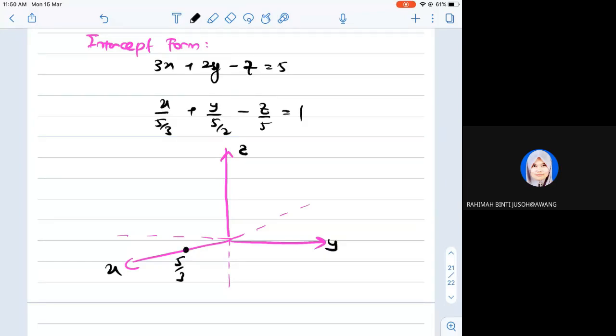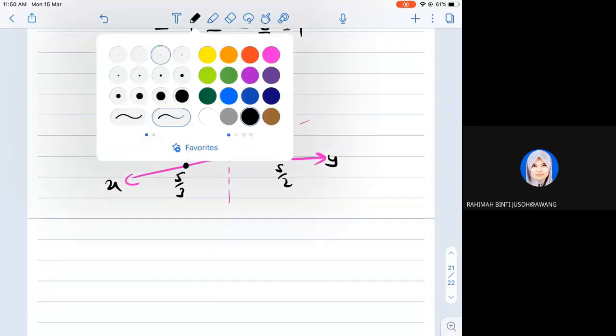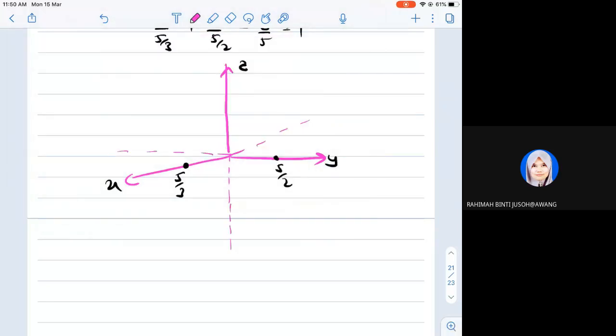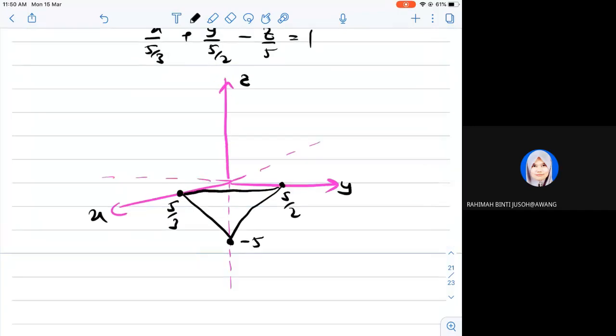And then y equals to 5 over 2. Oh, z negatif, so dekat bawah lah guys. Let's say saya panjangkan sikit. Okay, so z equals to negative 5. So you will have this plane. Ini sebenarnya P1 kita, plane.